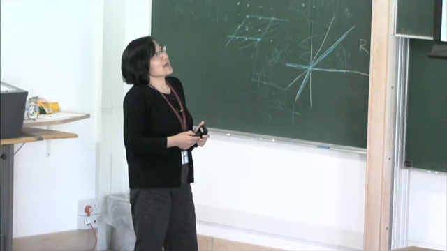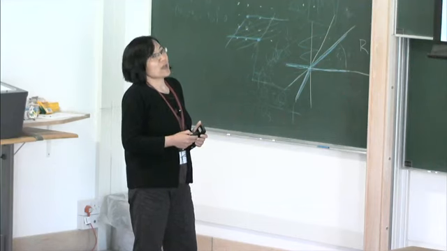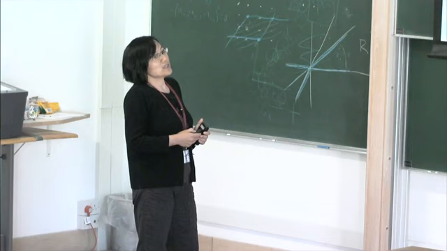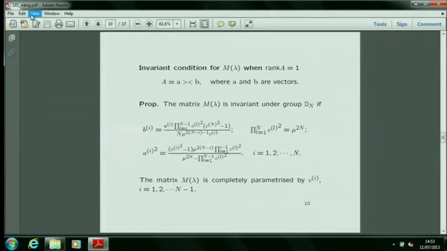If it's a rank 1 matrix, I can represent it like this: you think of a and b as n-dimensional vectors, and you write the matrix as n times 1 and then 1 times n, and that produces my matrix A.